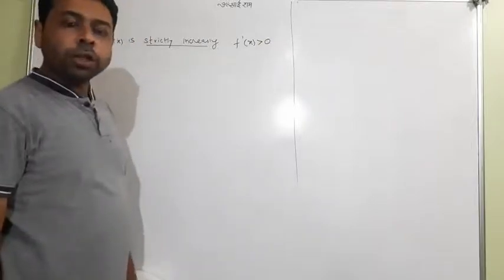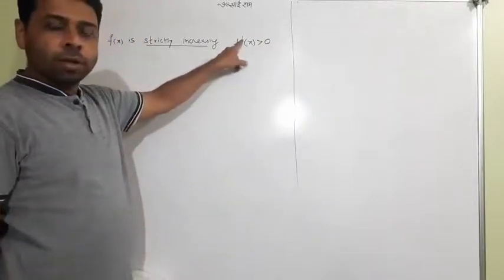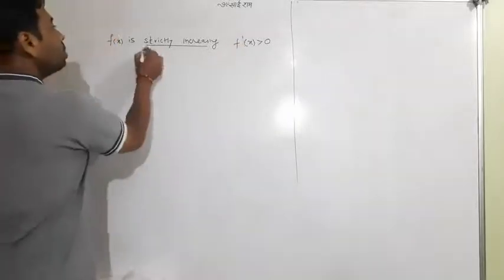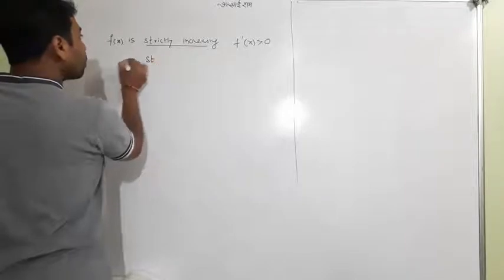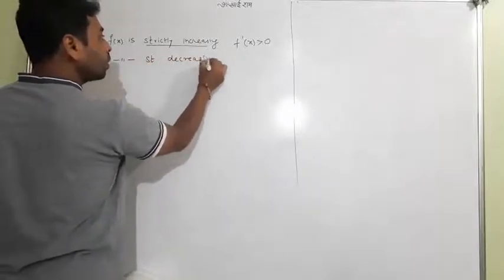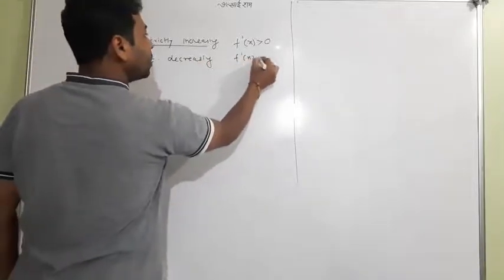I am only mentioning the derivative method now because the question will depend on that only. A function is strictly decreasing only when f dash x is less than 0.